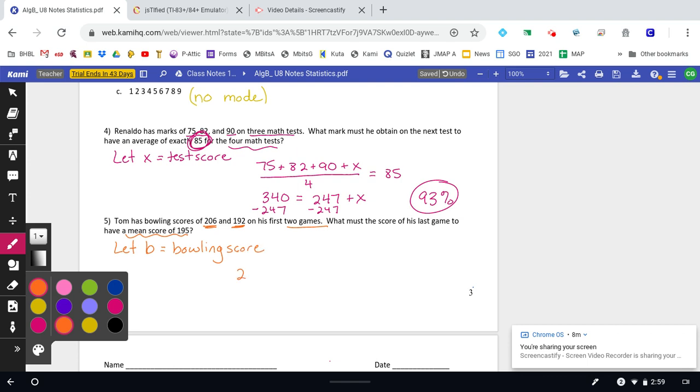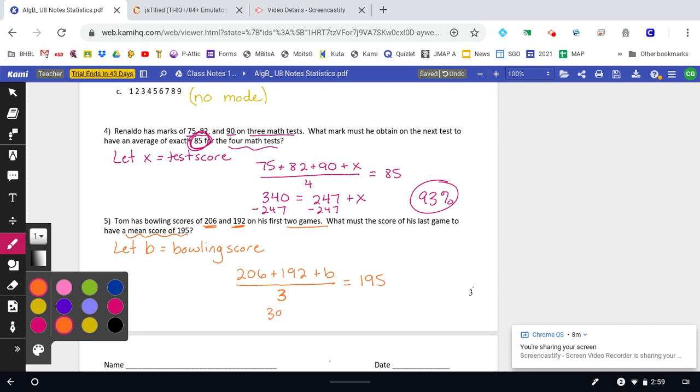All right, so his first game was 206. His second game was 192. We need to know the third one, right? Because he's got 3 altogether, so that he gets a score of 195. Okay, so we're going to add 206 and 192.